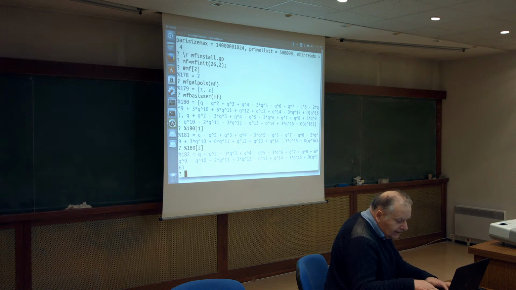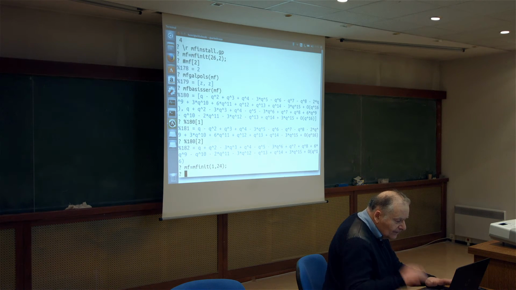To take a completely different example, I will initialize the space of level 1 and weight 24, which is well known also. And now if I do this, it also has dimension 2.